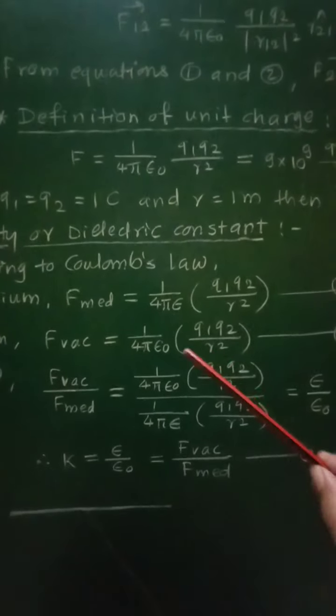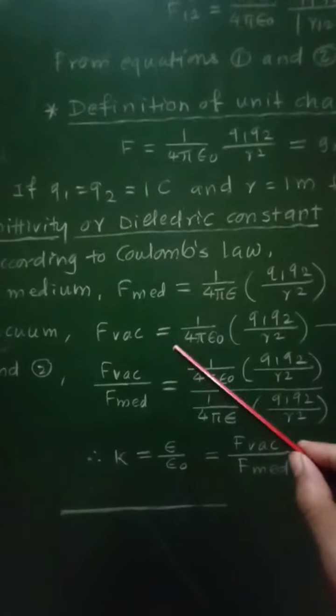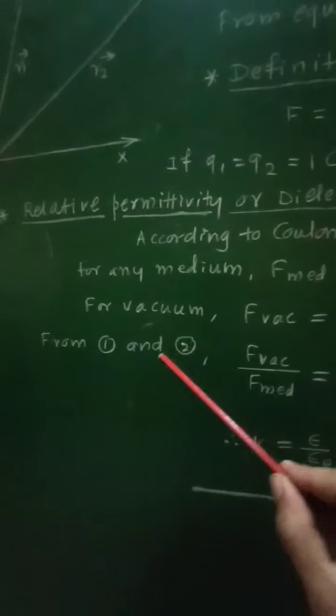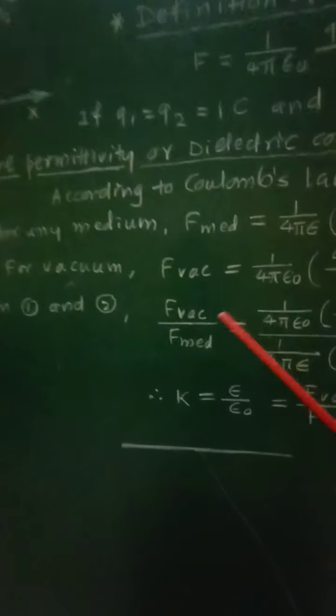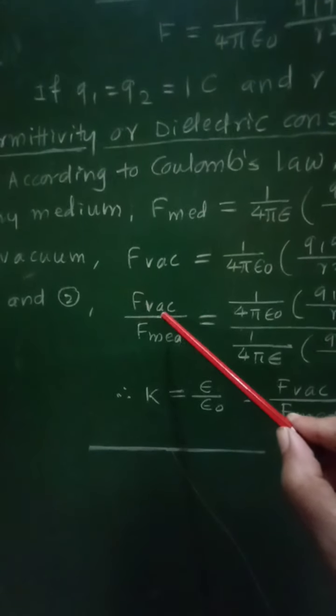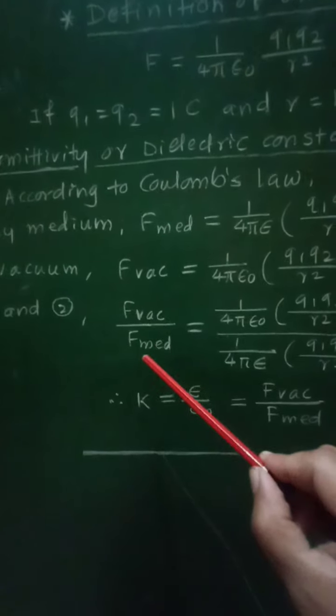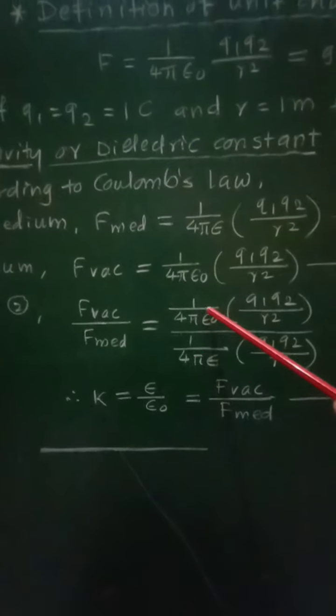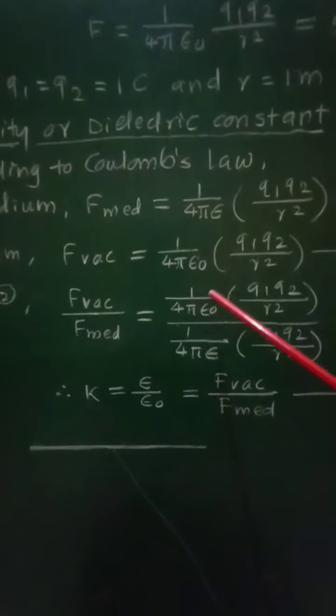Now dividing equation 2 by equation 1, from equation 1 and 2 we can write force vacuum upon force medium equal to 1 upon 4 pi epsilon 0 Q1 Q2 upon R square divided by 1 upon 4 pi epsilon Q1 Q2 by R square.